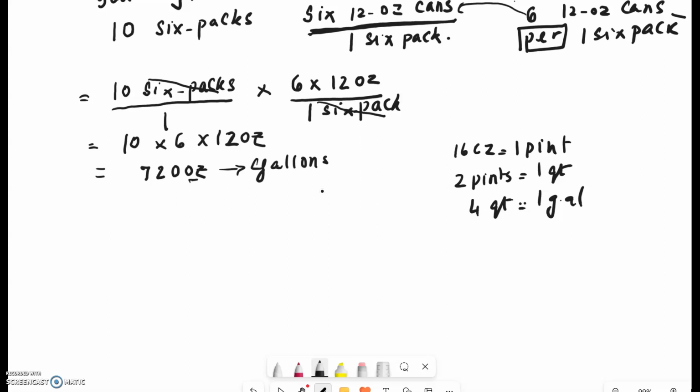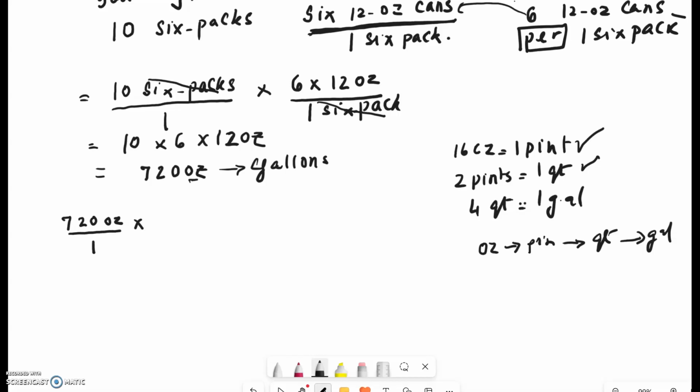So what we could do is change ounces to pints using the first equation, pints to quarts using the second equation, and quarts to gallons using the third equation. So let's start with 720 ounces. We're going to put it over a 1.